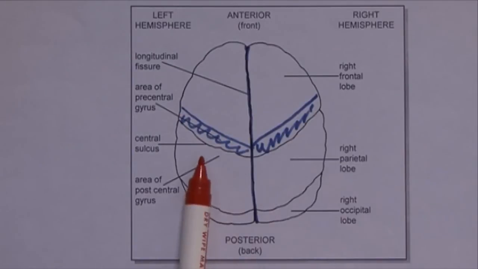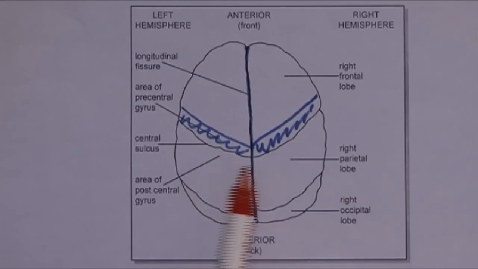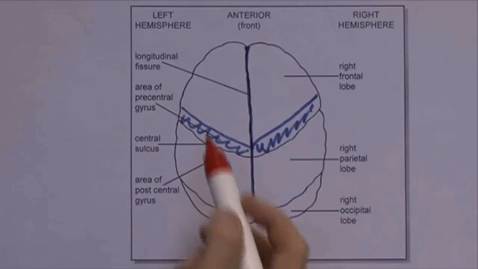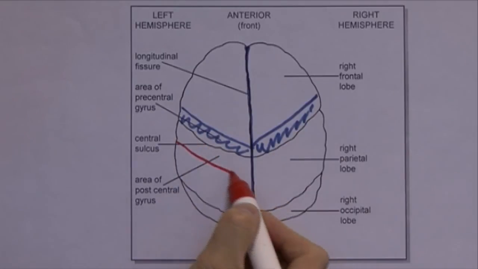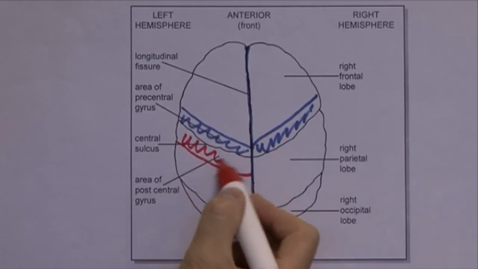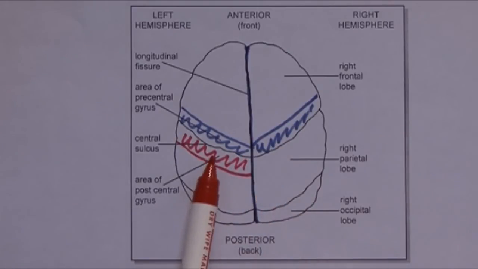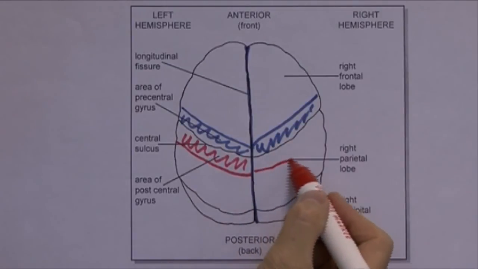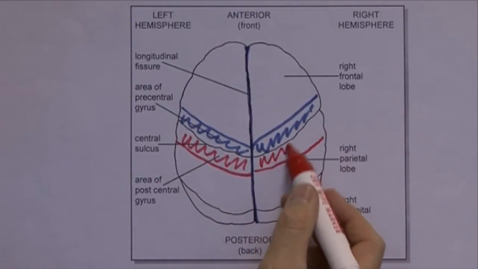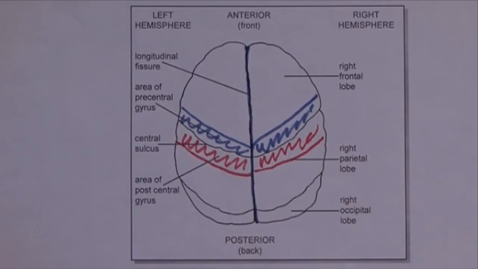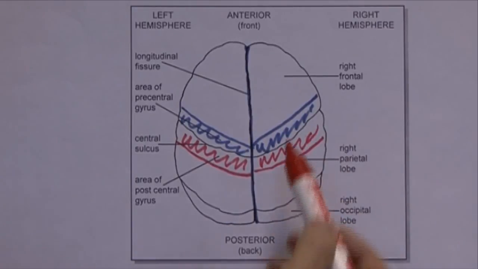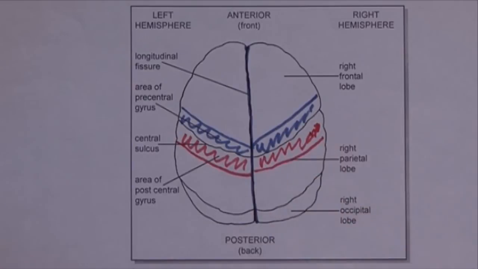Here we have the parietal lobes, left parietal lobe and right parietal lobe. That means this must be the sensory cortex here. And because that's the left sensory cortex, it's controlling the right hand side of the body. And here we have the area of the right sensory cortex, which is receiving sensation from the left hand side of the body.